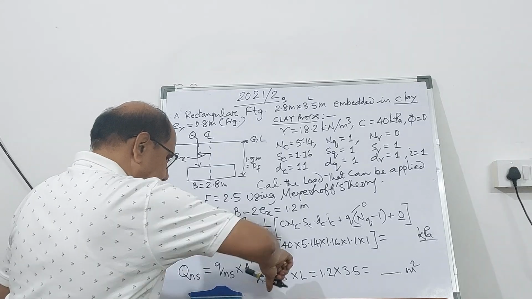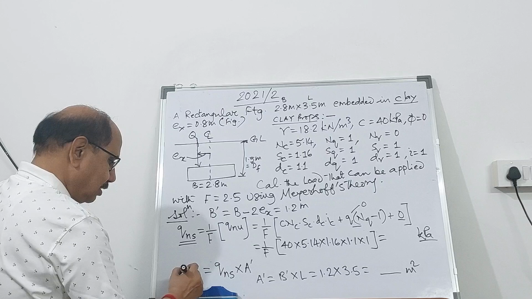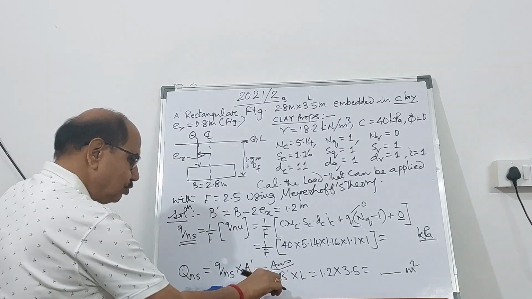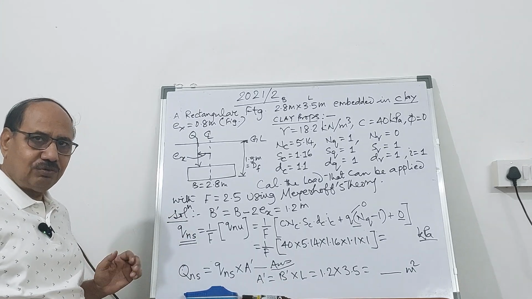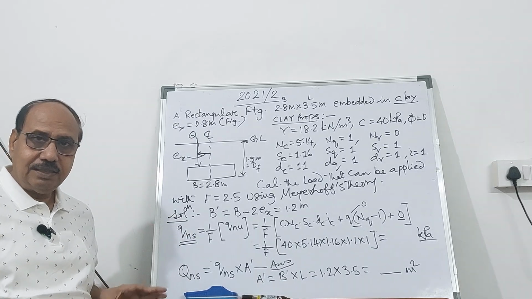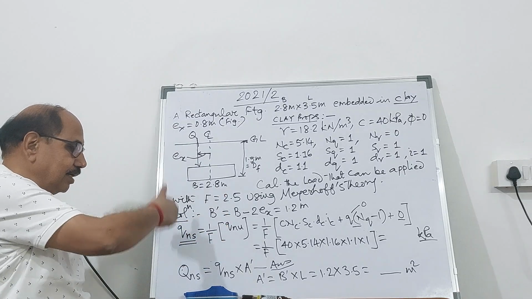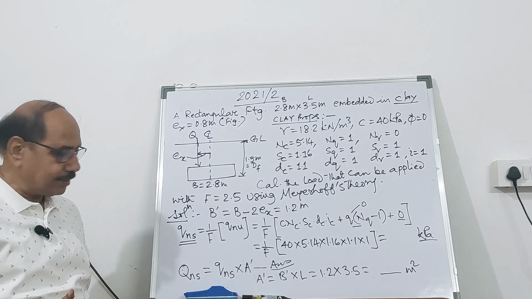So let us take our calculator, calculate it, and that becomes the answer. So you see, in one step itself, you can find out the solution. There is nothing that you should go for ultimate and then net safe, nothing like that.